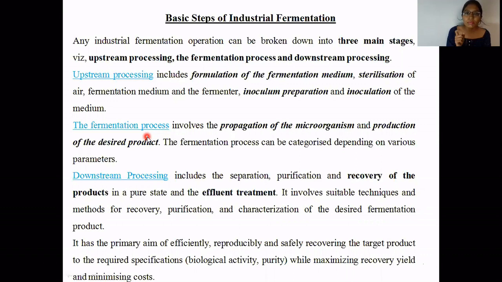So sometimes this fermentation process or fermentation technology is also referred to as bioprocess technology in order to avoid the confusion between the aerobic process and the anaerobic process.